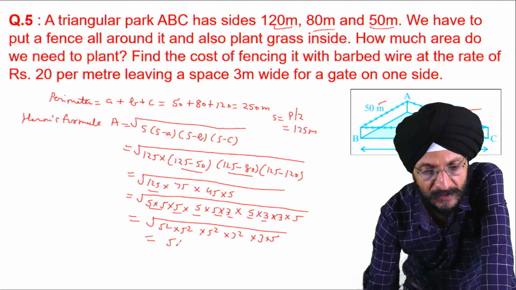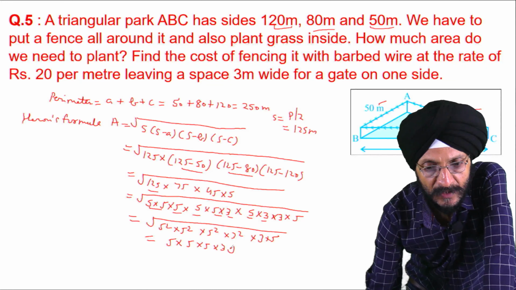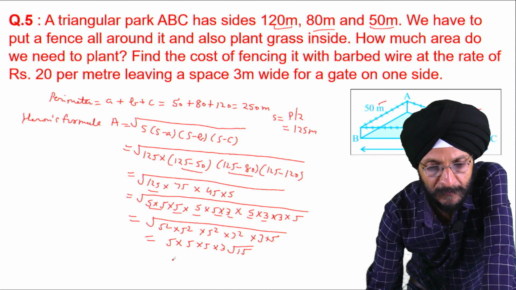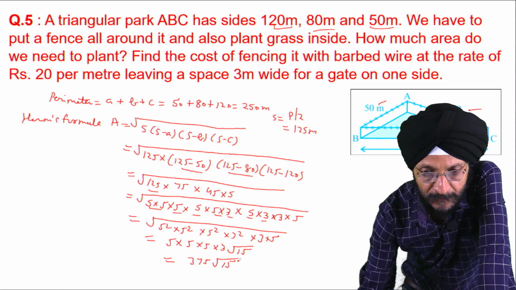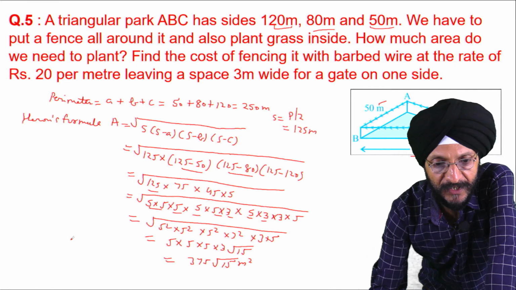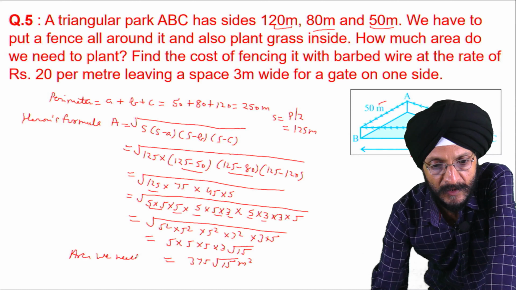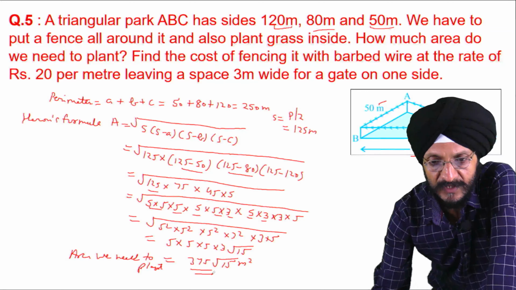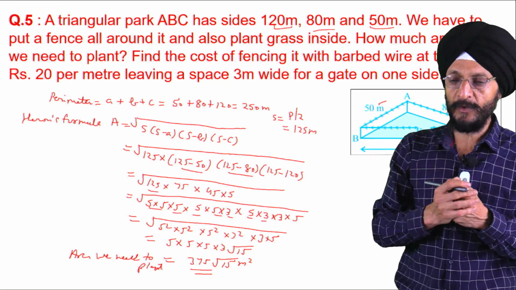In other words, we can write it as 5 into 5 into 5 into 3 under root 15, which is 375 under root 15 square meter. This is the area we need to plant, we need to plant grass. We have calculated so far only one part of the question.